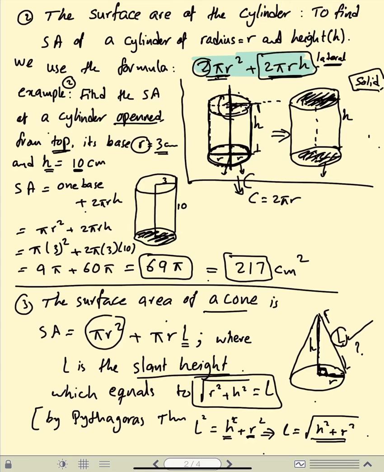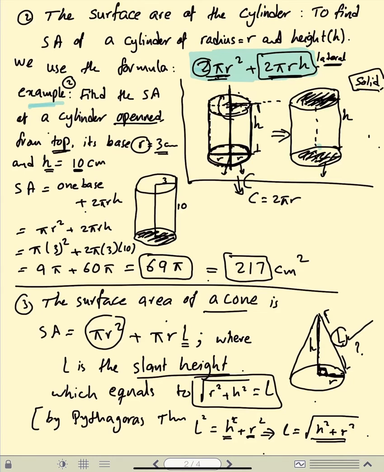Of course, when we say cylinder, what do we mean? Solid cylinder, closed from both sides. We have to read the question well, because of this I did the example here different, to pay attention to this. Solid means it's closed from both.